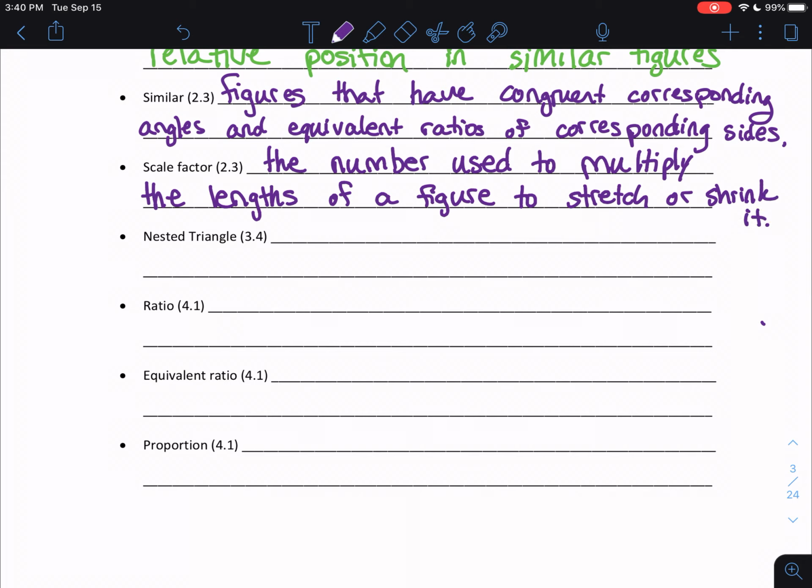Those are the two definitions. Like I've said, we've kind of already defined them, but now we have officially defined them.